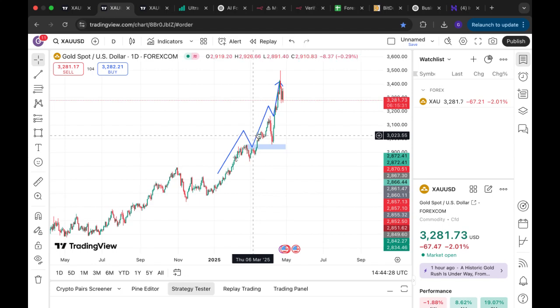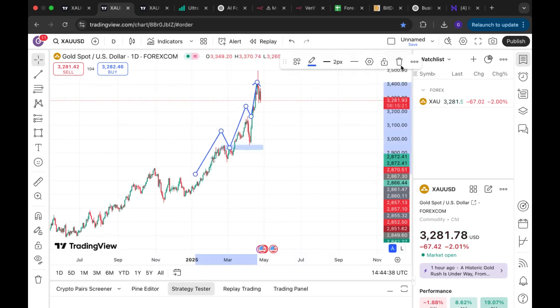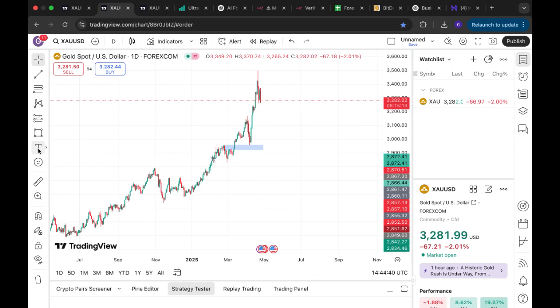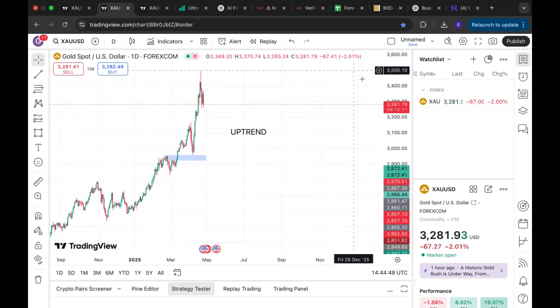I want to show you guys my confluences, the things that I look out for. So clearly I've established that gold is in an uptrend. Let me delete this real quick. Okay, so the first thing on my list has been checked off.